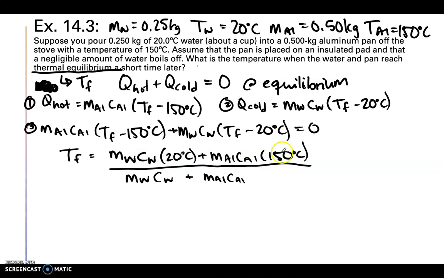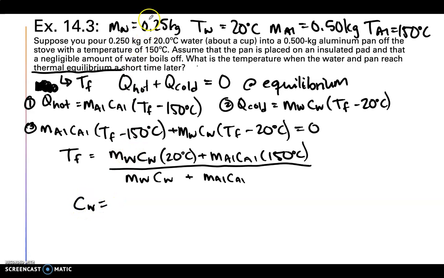Now what you'll do is plug all of our values in. So our mass of the water is 0.25 kilograms. I'm not going to write this all out here, but let me just write down what you would plug in.